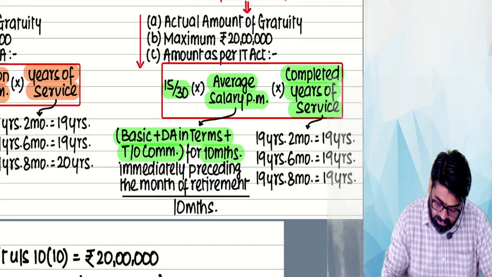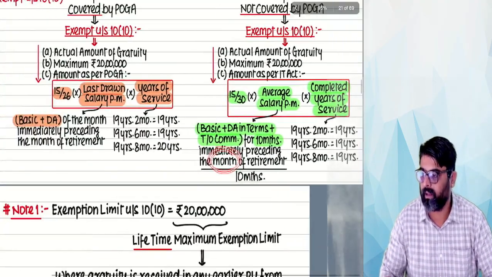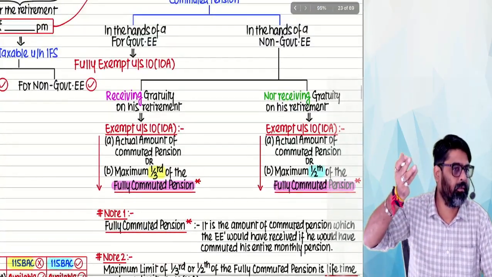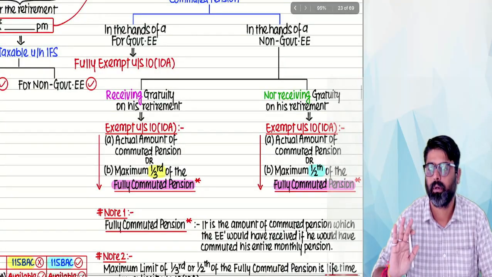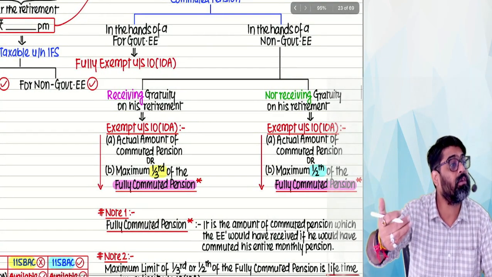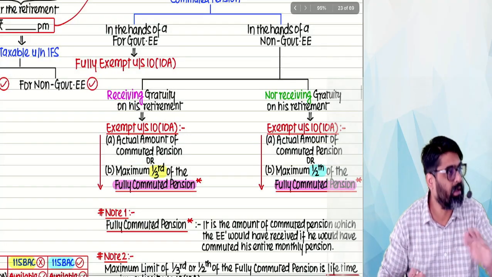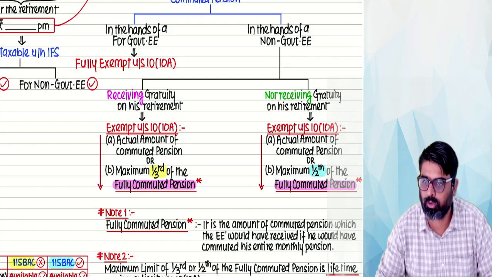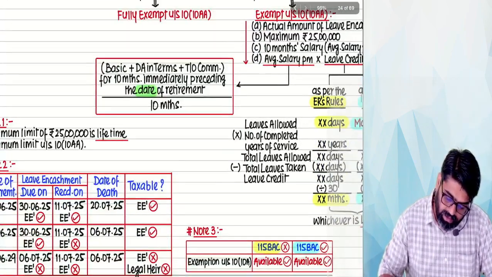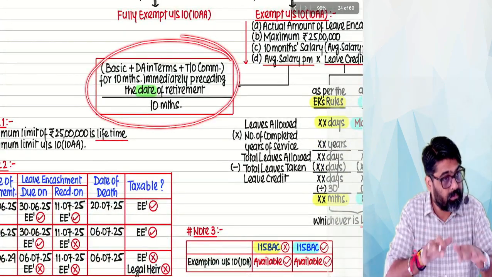Here the word written is month of retirement, and there what is written? Date of retirement. So for gratuity, we used to ignore the month in which the assessee is retiring. Immediately prior to that, 10 months we used to take. But here, we have to take the month of retirement also.